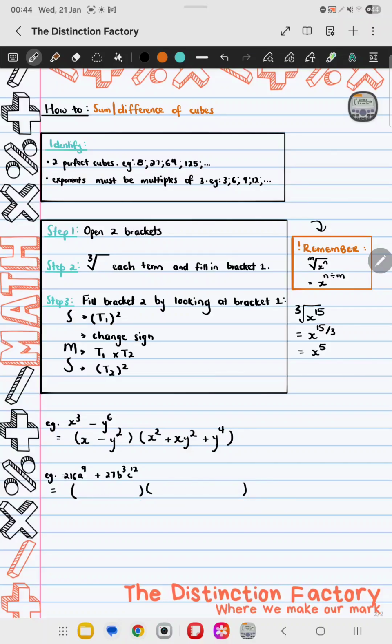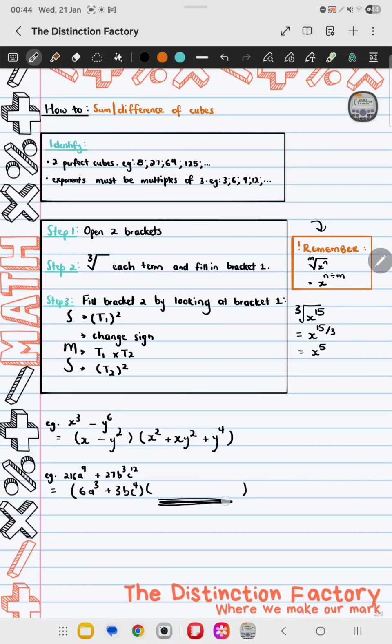Our second step is to cube root each term. So the cube root of 216 is 6. That becomes a to the power of 9 divided by 3, which is 3. Cube rooting here, we get positive 3, b to the power of 1, and c to the power of 12 divided by 3, which is 4.